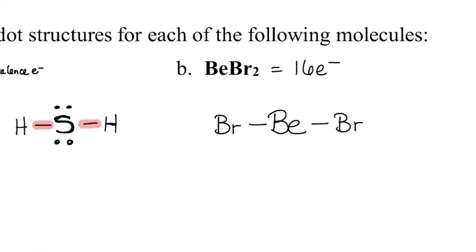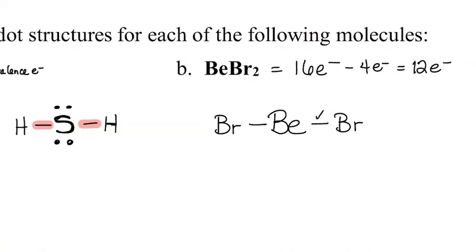How many electrons did I use by writing those lines to bromine? We use 4 electrons, so minus 4 electrons. That means that I have 12 electrons available for bonding. So when I'm putting the octets, I always have to do it from the outside atoms first. If bromine is sharing 2 electrons with beryllium, it needs 6 electrons to have an octet.